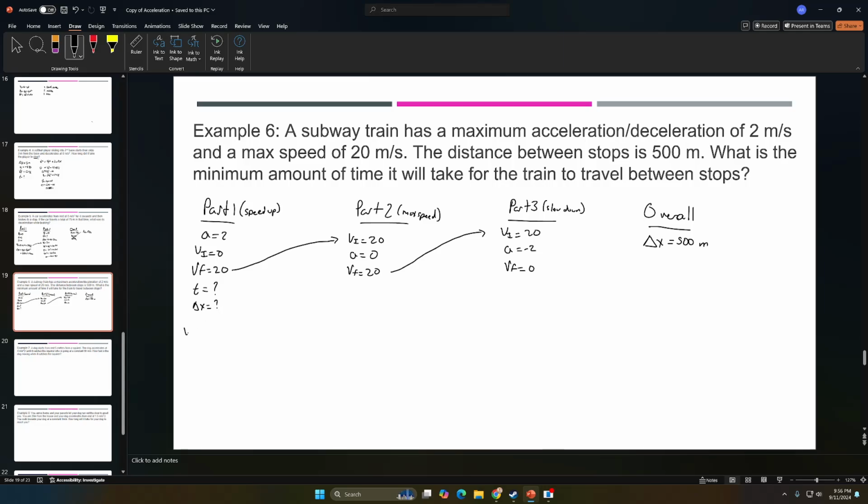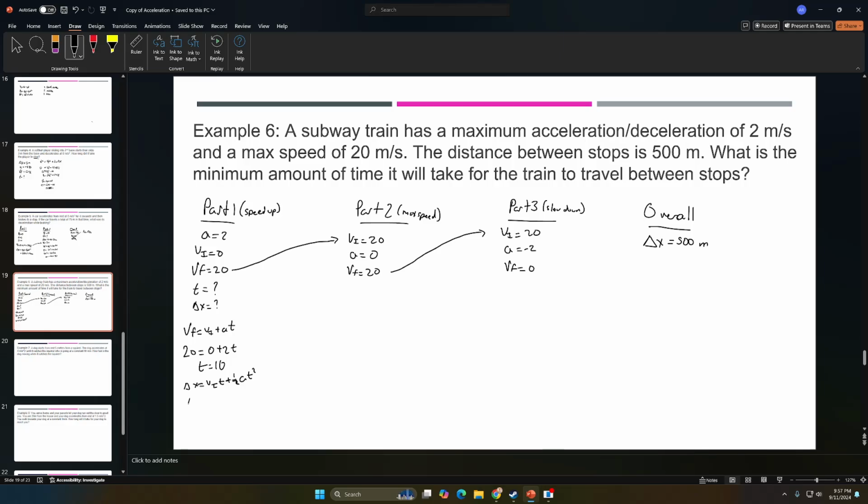To find time, v final equals v initial plus at. We've got 20 equals 0 plus 2 times t. t equals 10. And then for displacement, change in x equals v initial times time plus 1/2 at squared.